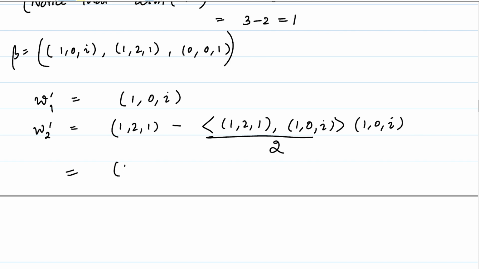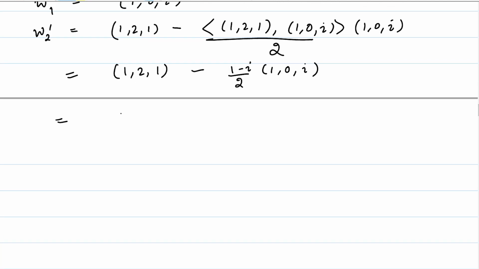The quick computation should tell us that this is minus (1 minus i)/2 times (1, 0, i). Notice that this is an inner product in C3, so the complex conjugate will come in from the second vector, and therefore minus i will come in here. 1 minus i is right, so this is correct. So this is just going to be equal to 1 minus (1 minus i), which is (1 plus i)/2, and then 2 here.